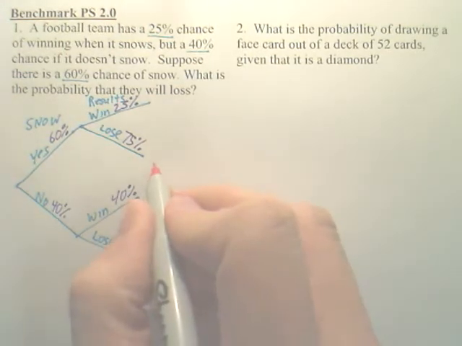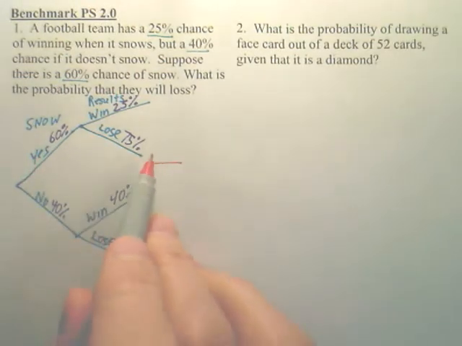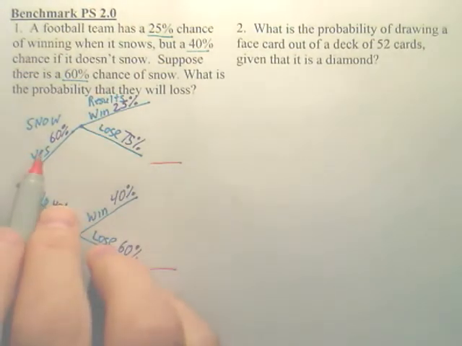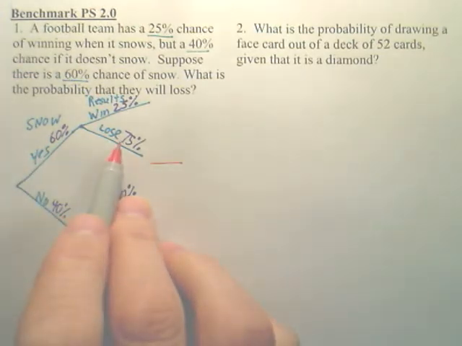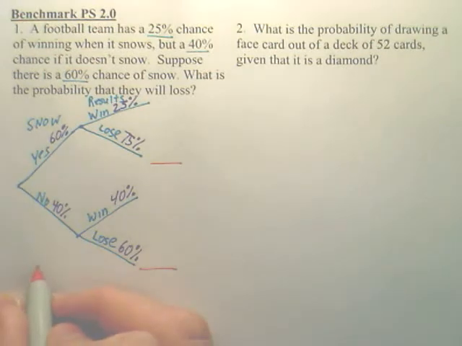How do we find these values right here? This is an and statement. The end results are and. So we want snowing and losing. Snowing and losing, what you technically do, since it's an and statement, is multiply the two.